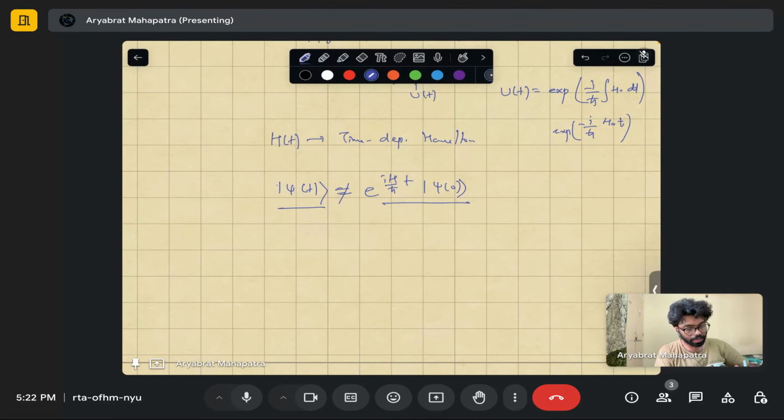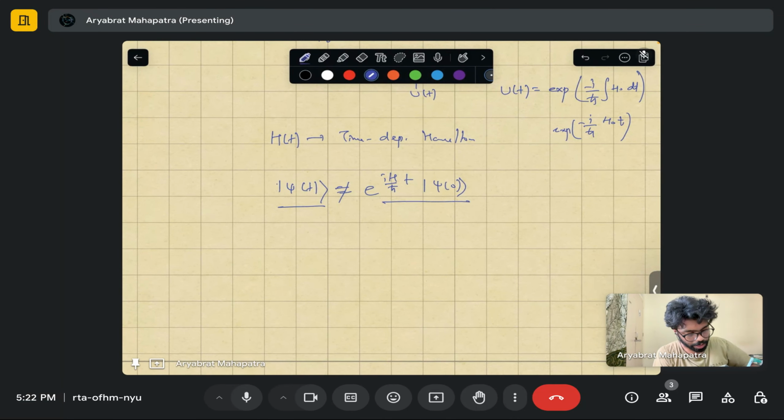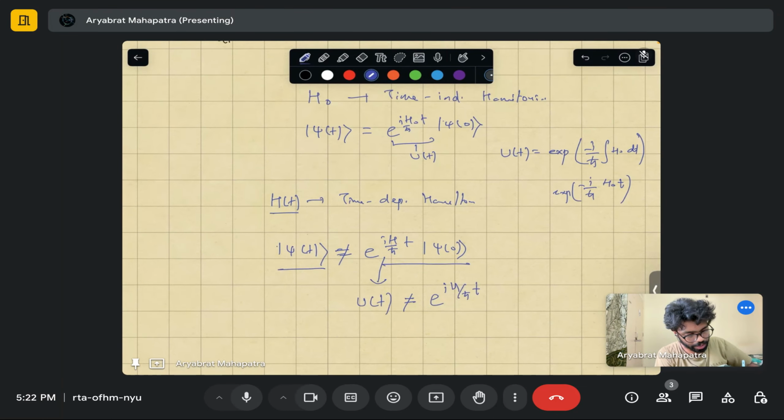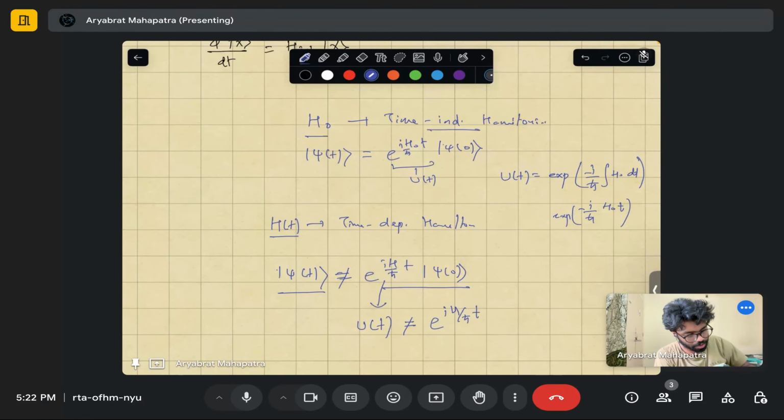You cannot write this psi of t when your H is time dependent, because the evolution operator U of t is not equal to exponential of minus i H t over h bar. It is only equal to that if your H is time independent.